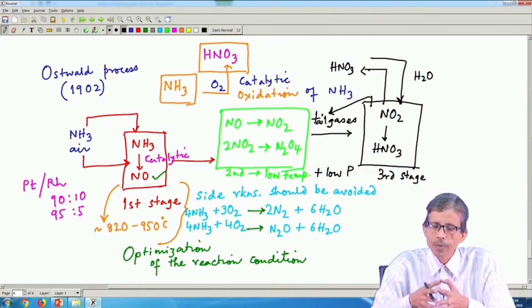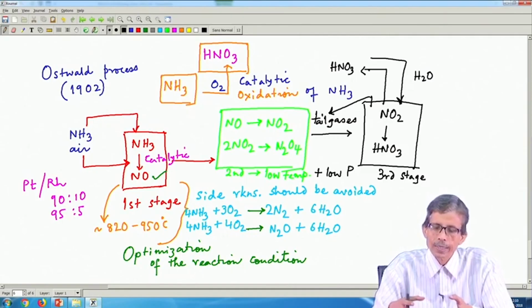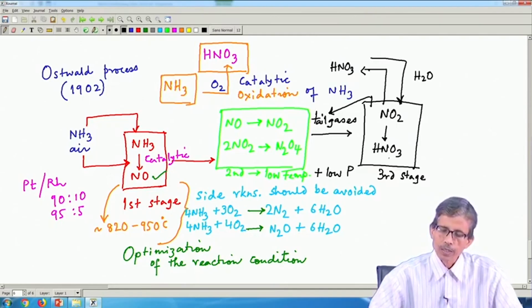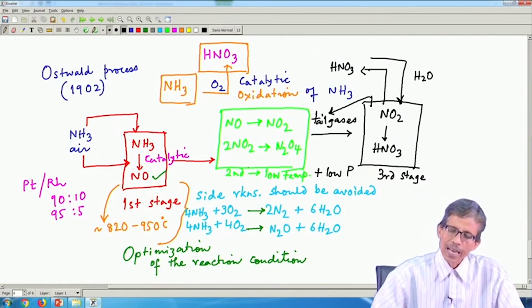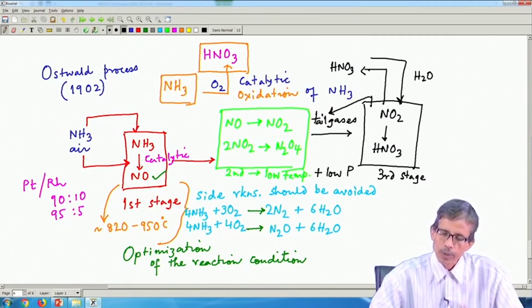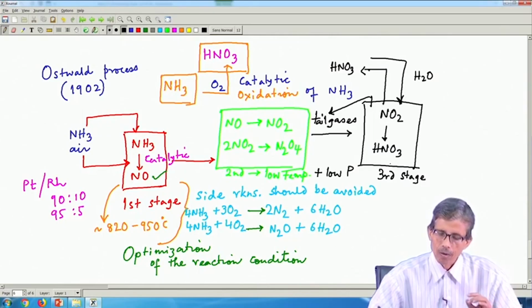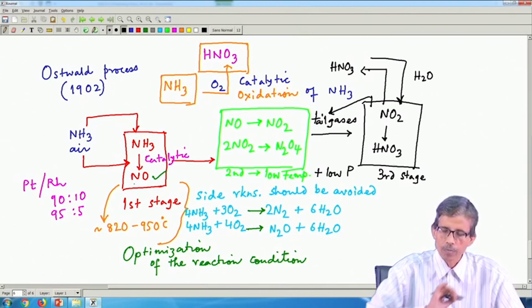Tail gases are nothing but, since we are handling gaseous products, that means NO2 or N2O4 being utilized for the formation of nitric acid, the gases which are not converted immediately to nitric acid are still there. That means all nitrous gases, not only NO2 but NO can also be there, because NO is your starting compound.